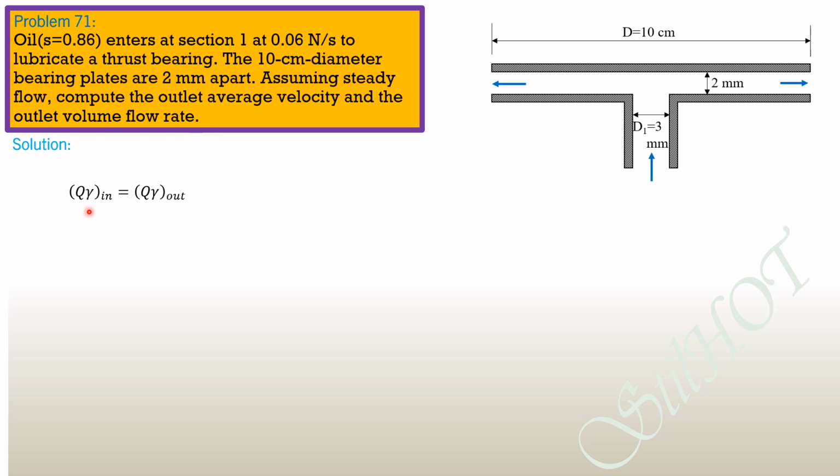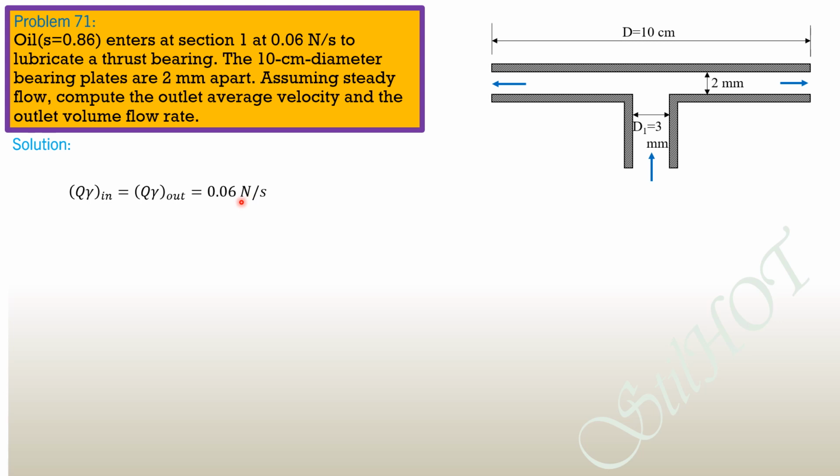So this is the principle. For incompressible fluids such as liquids, Q gamma in equals Q gamma out, and it is 0.06 newtons per second, or in fact Q in equals Q out only.